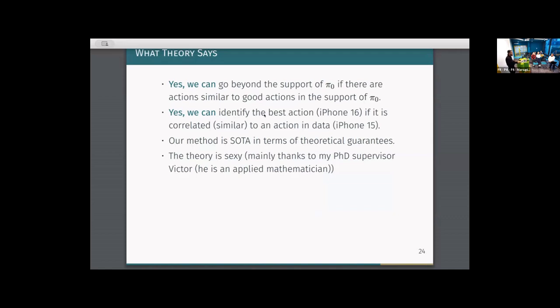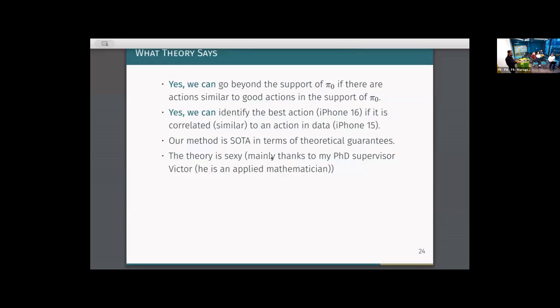And actually, we can even identify the best action. In our example, it's iPhone 16, if it is correlated or similar to an action that we already have in the data, let's say iPhone 15. We proved that the method is state of the art in terms of theoretical guarantees, and I can't say more.